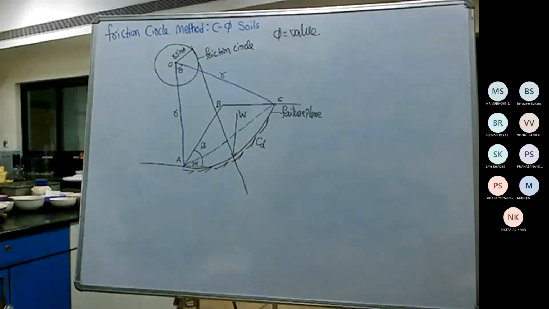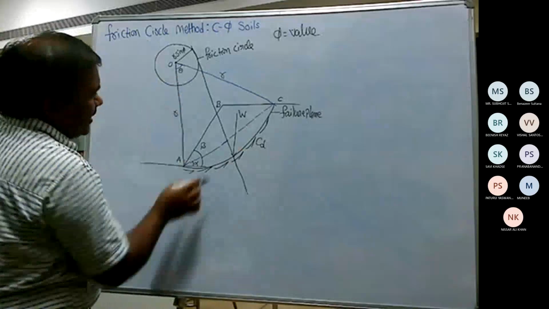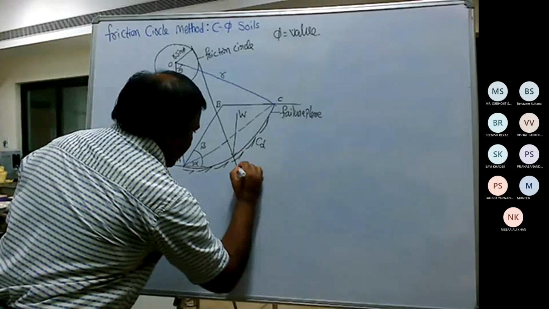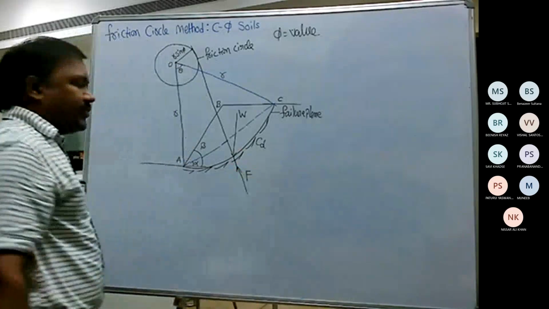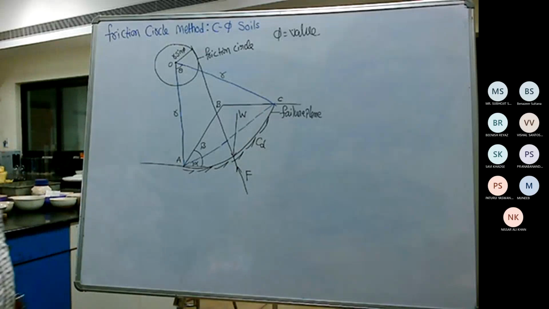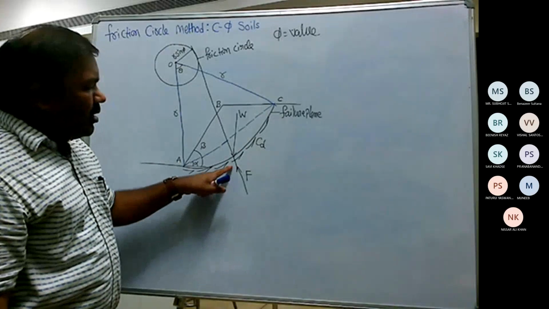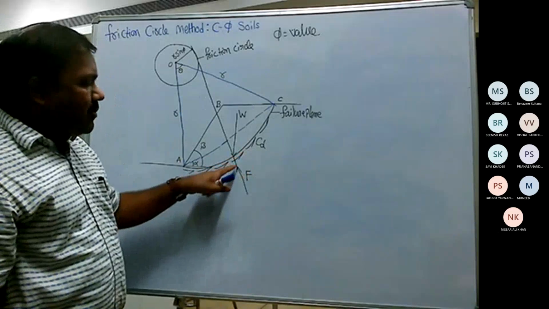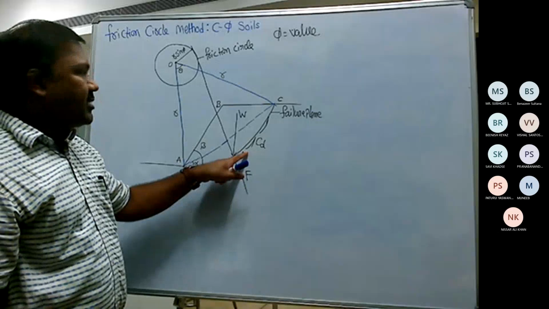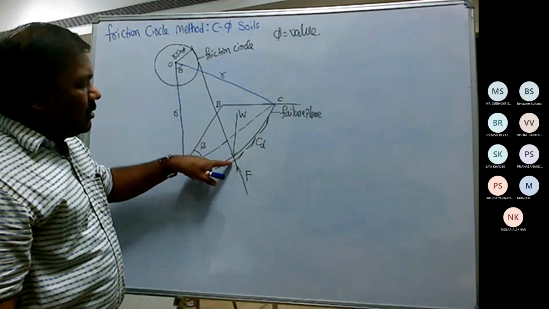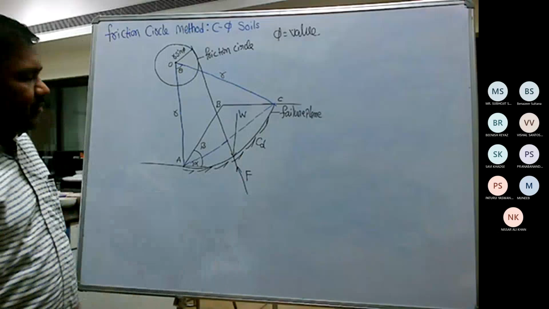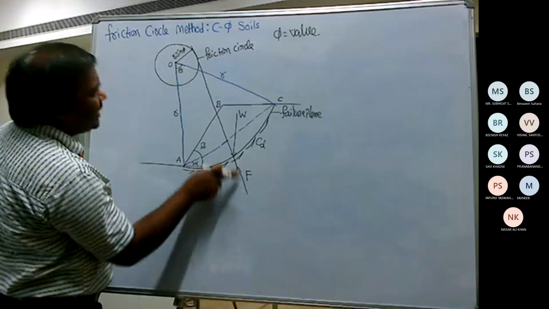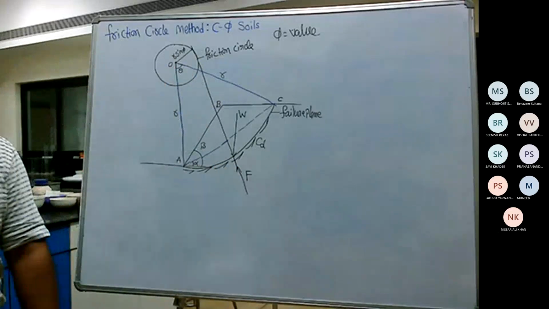Now here it is said that as per this method, the resultant, say F, of the normal and the tangential force acting all along the failure surface, the alignment of this resultant passes as a tangent to the friction circle. So that is the fundamental concept.